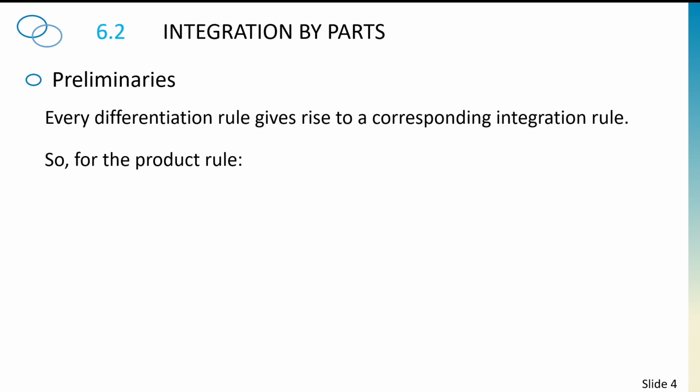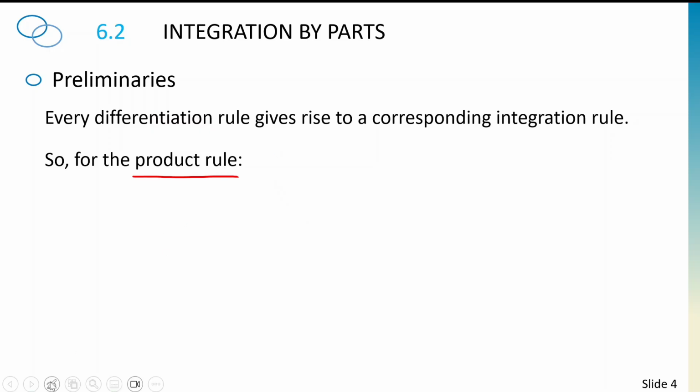Now, from where did we get this integration by parts rule? Remember just that integration and differentiation are super related to each other. And for each differentiation rule you have learned before, we can easily get another corresponding integration rule. So if I think about the product rule, remember the product rule says what?